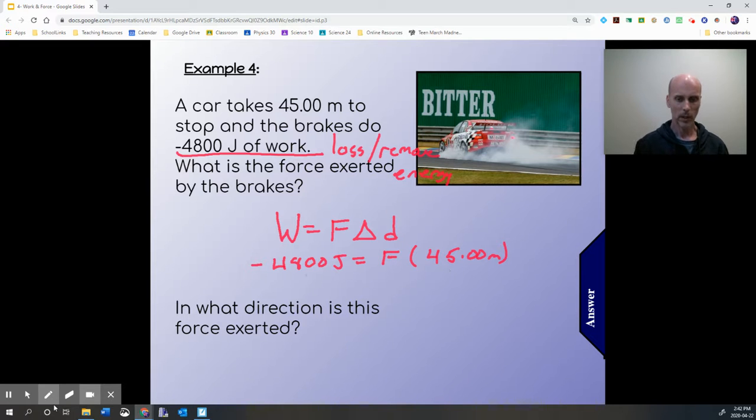So in order to rearrange and solve for force, we're going to leave the force right where it is. I'm going to divide both sides by 45.00 meters. So I'll divide this side and this side by 45.00 meters. And on my calculator, 4,800 divided by 45, I get 106.6. So I'll write it right here.